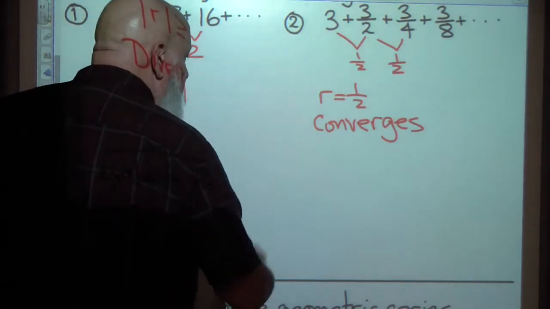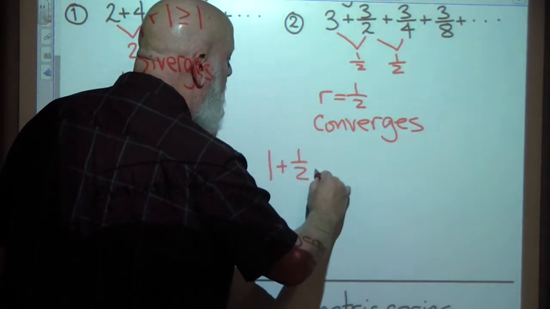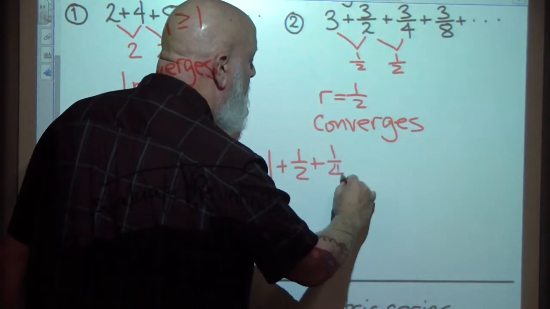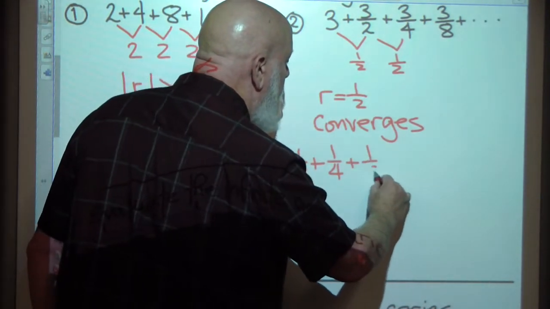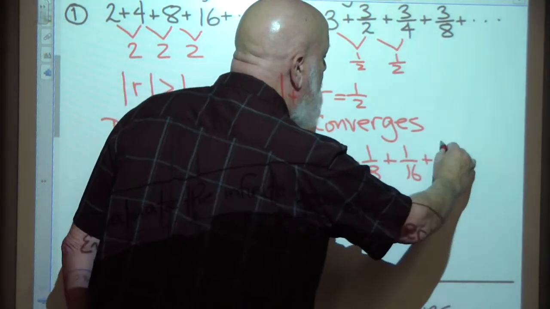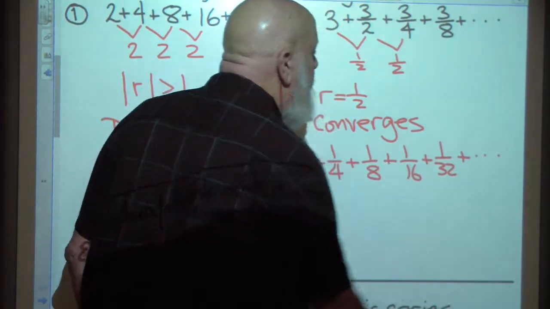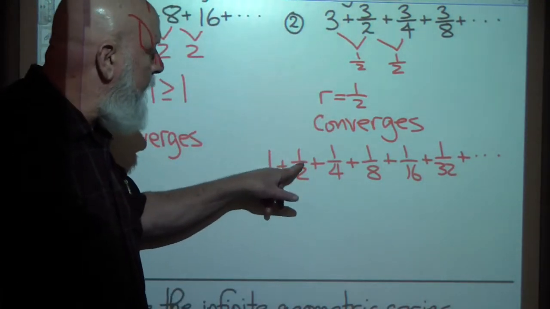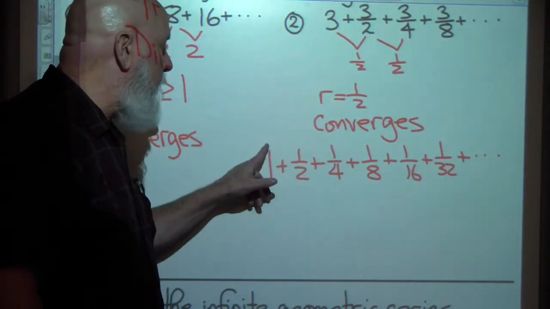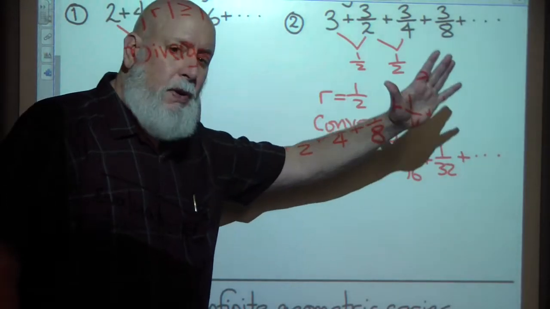I'll make one up: 1 plus 1 half plus 1/4 plus 1/8 plus 1/16 plus 1/32 plus so forth and so on. I'll continue this pattern infinitely. I'm multiplying each term by 1 half. I started with 1 and I'll do this forever.